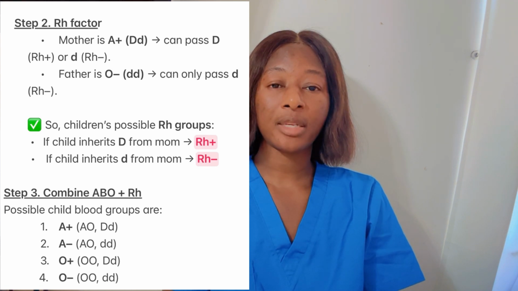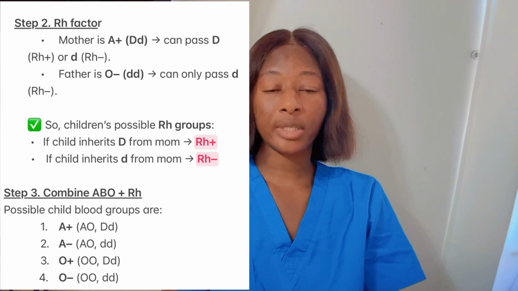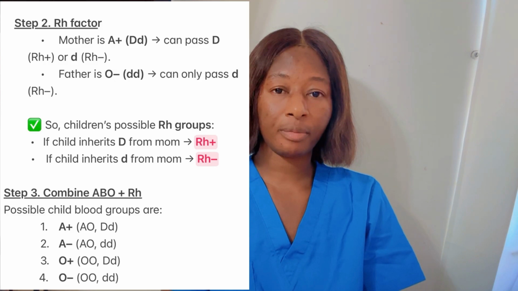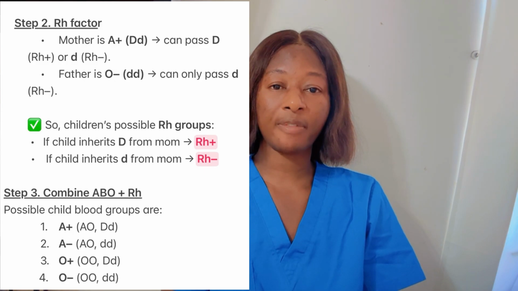So when we combine these two together, it means that a child coming from this family can only have blood group either A positive or A negative, or O positive or O negative. A child from this family cannot have B positive or B negative, neither can a child have AB from this group because the father is O and the mother is A.